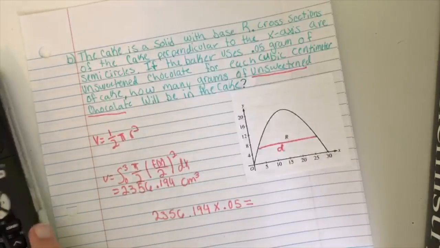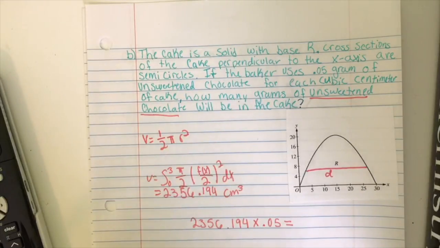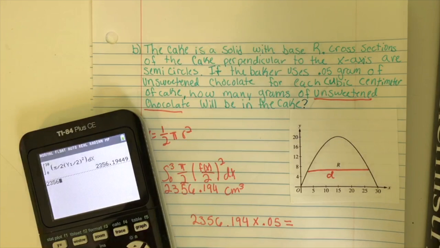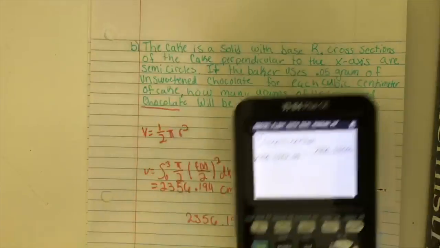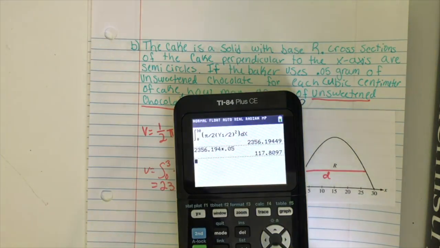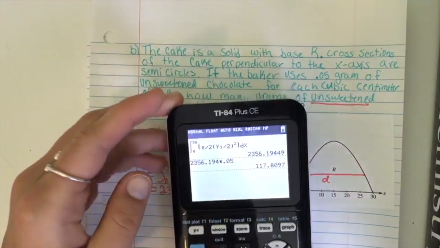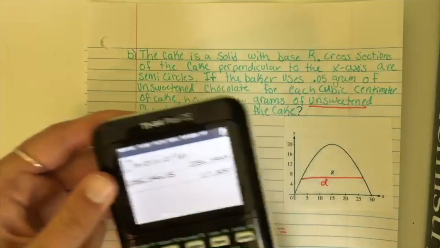So then it will be 23. You plug this in your calculator, and you get 117.810 grams.